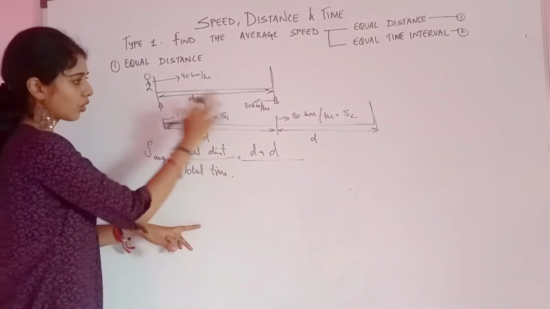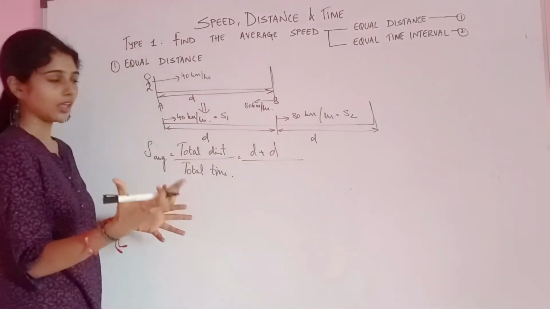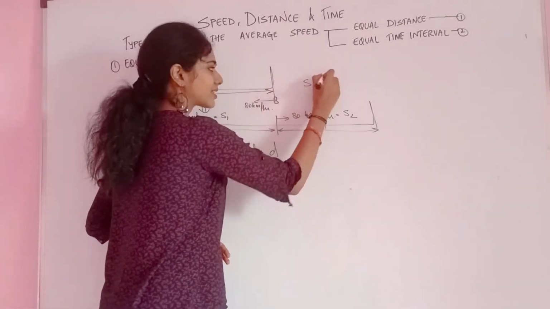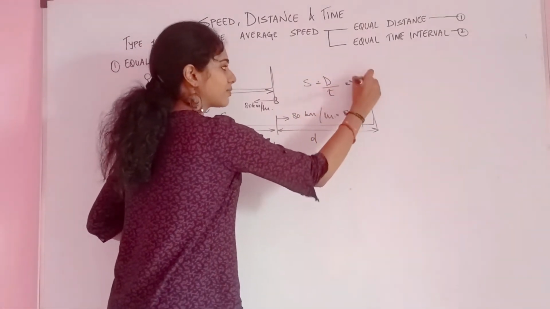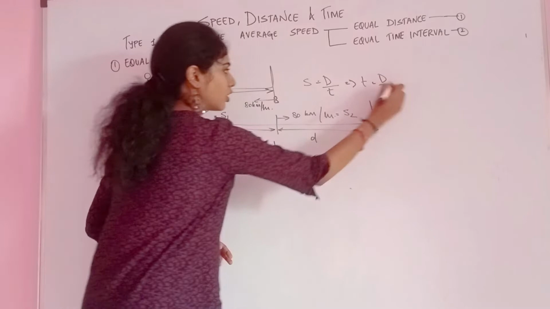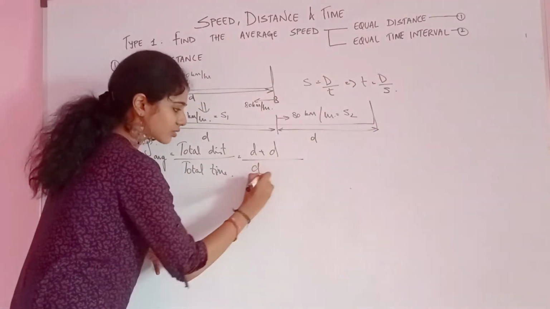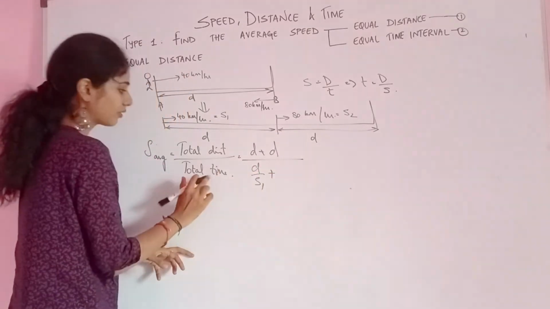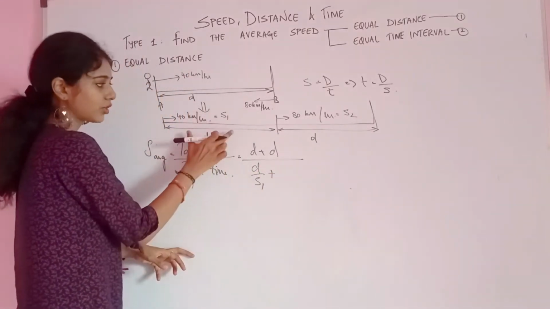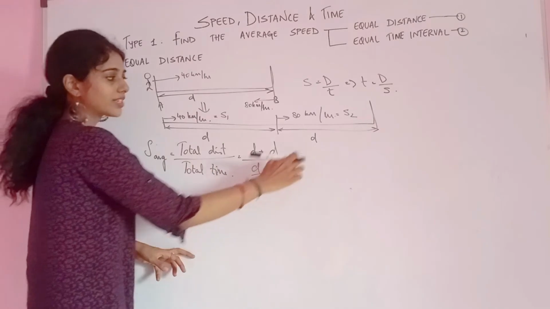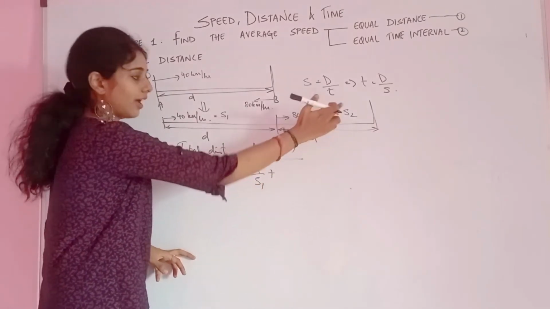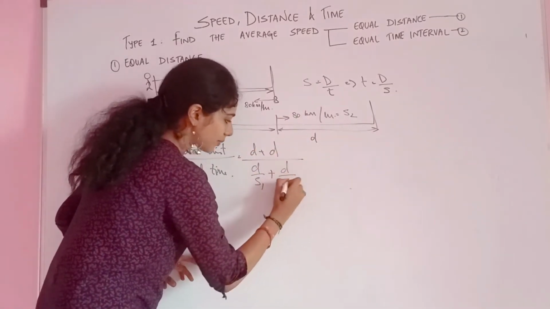Here there is no component of time given, but we know that speed is equal to distance by time, so time is distance by speed. So the time duration for this is going to be d by s1, and the time duration for this is going to be d by s2.